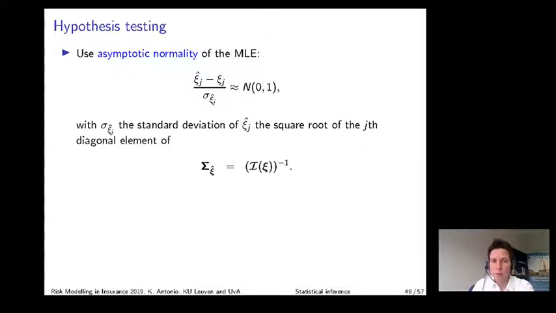Sigma hat xi j is the standard deviation of the maximum likelihood estimator xi j hat. You can find it as the square root of the j-th diagonal element of the variance-covariance matrix of your MLEs.